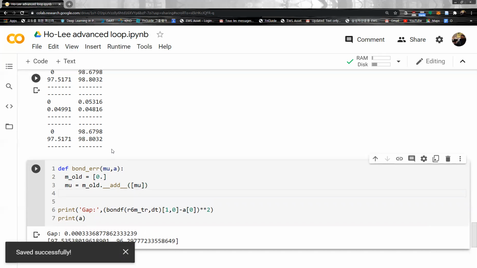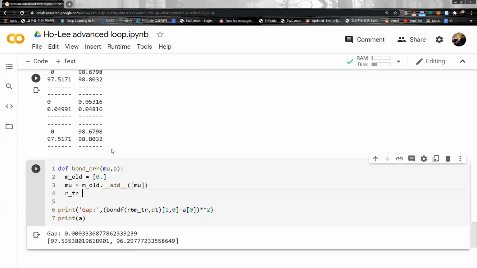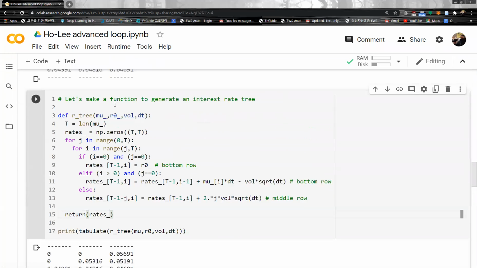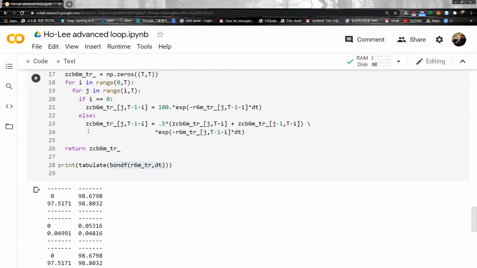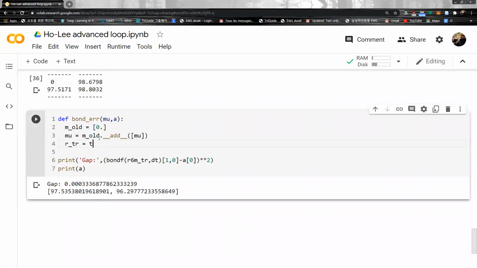Then given this mu, we want to calculate the interest rate tree, RTR. Let's simply call it RTR, the interest rate tree we defined over here, R tree. Here, this is simply R3, and then the input variable is mu.